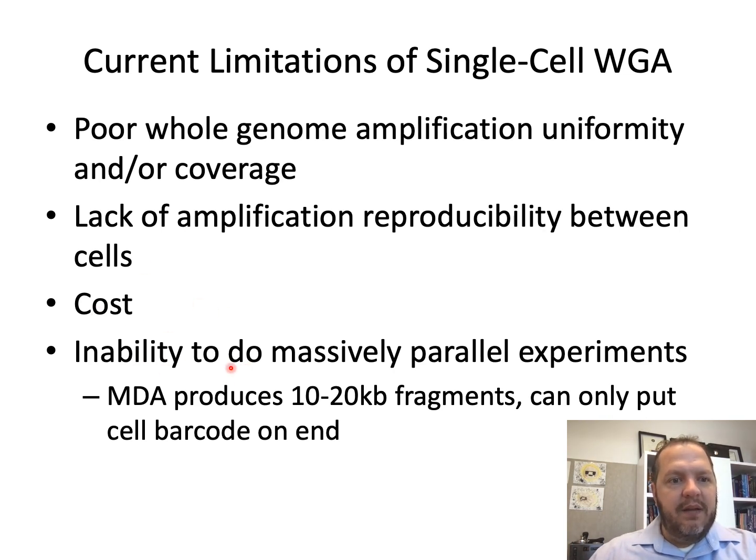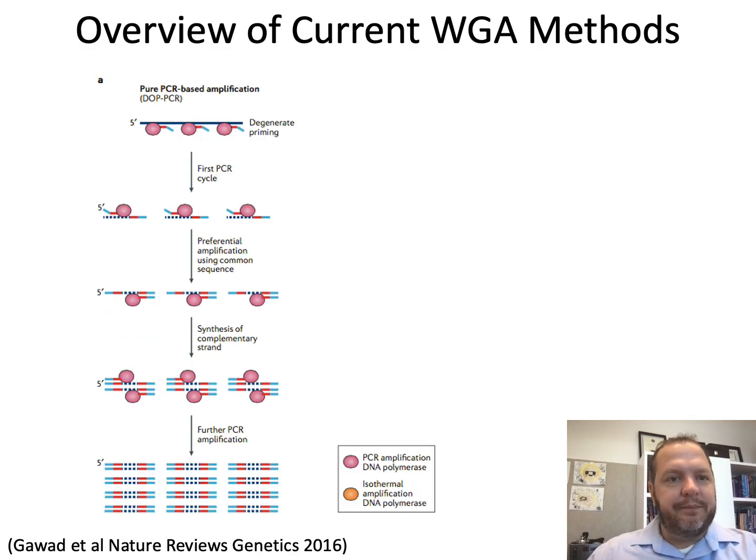And there hasn't been, like for single-cell RNA-seq, the capacity to do whole genome sequencing, or even amplify the whole genome in a massively parallel fashion. The main issue with MDA is that it produces very large fragments. If you add a barcode on the end, you don't have a way to connect that barcode with all the downstream sequences, unless you do long read sequencing, which has its own challenges as well.